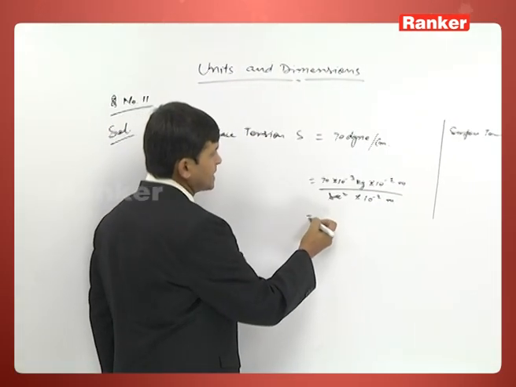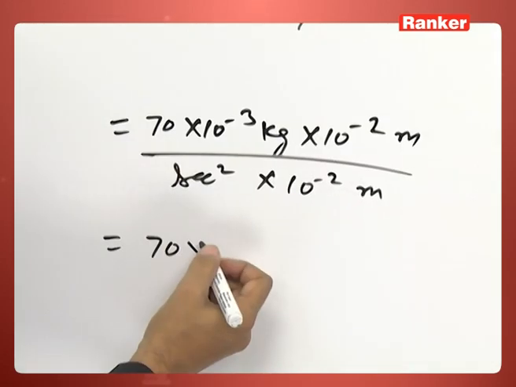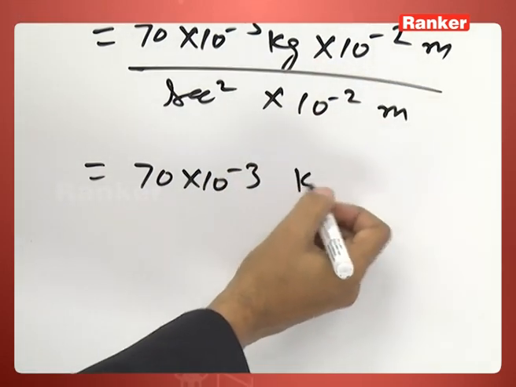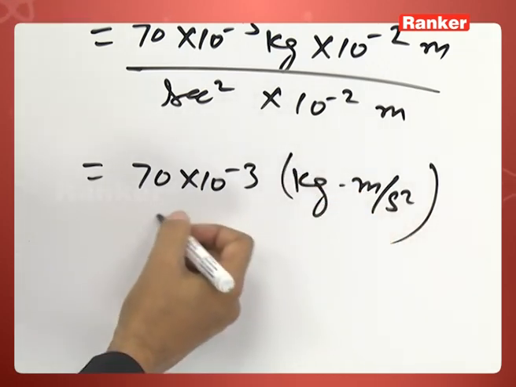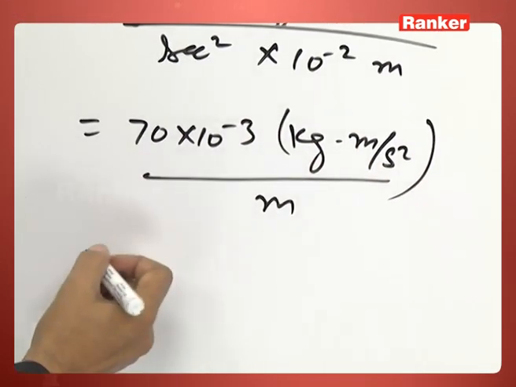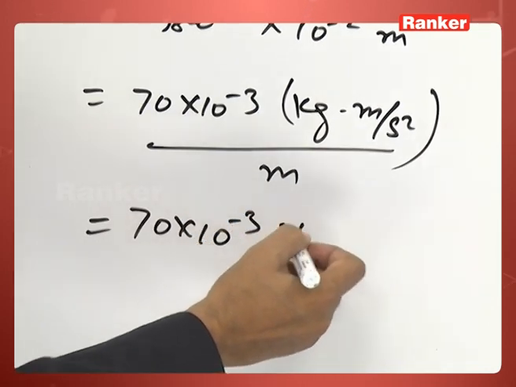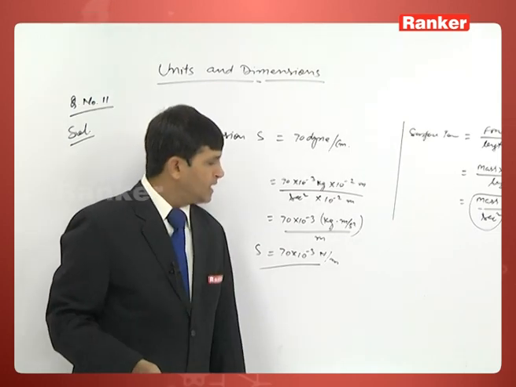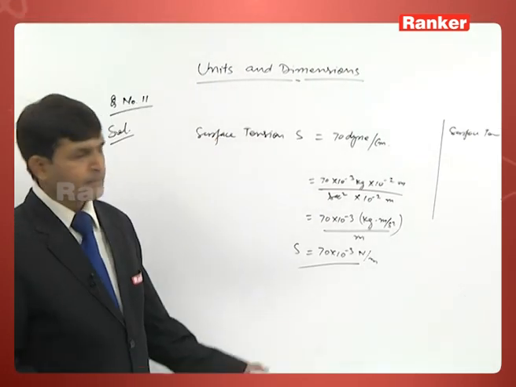Now check it here. The whole relation will be 70 into 10 power minus 3 kg meter per second square by meter. So this is nothing but 7 into 10 power minus 2 Newton per meter, in the SI system.